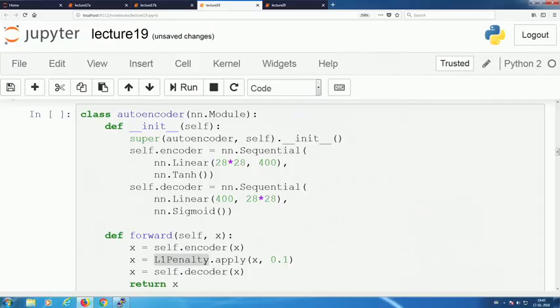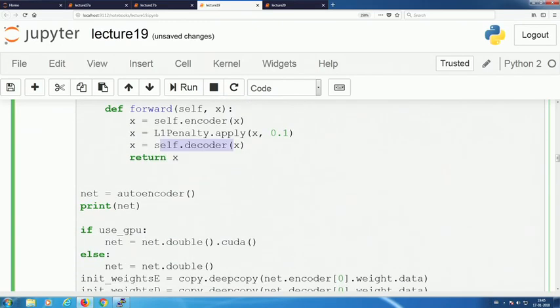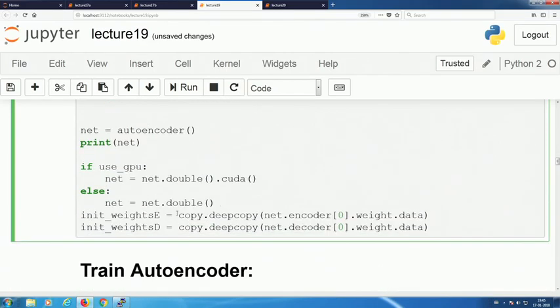We do the same thing for this L1 penalty loss, and whatever output comes out here is now sparse in some sense, and goes through a decoder. Next I can just print my autoencoder, and if I have a GPU available, I would use a GPU. From there I use two temporary variables, basically to copy down my weights.